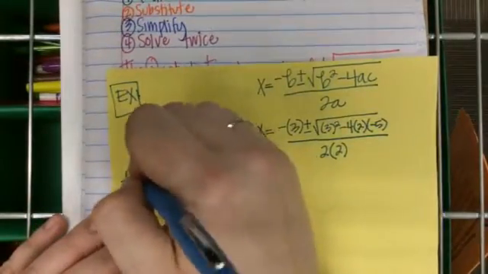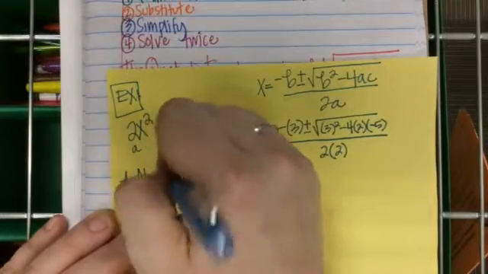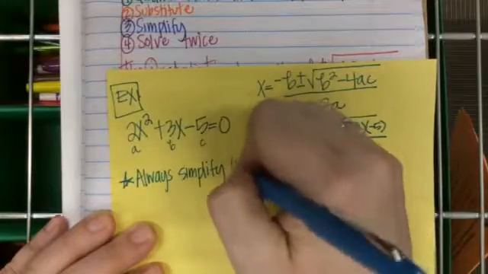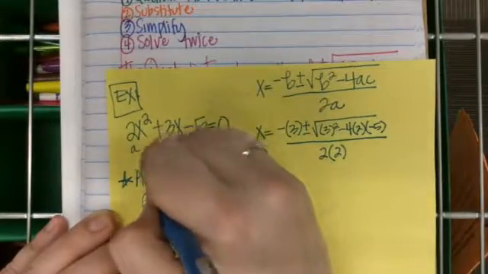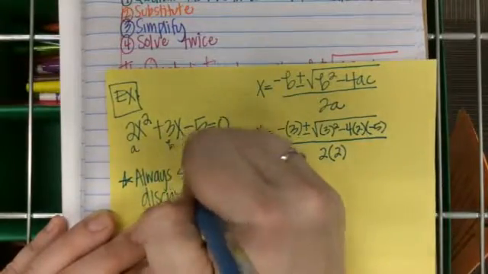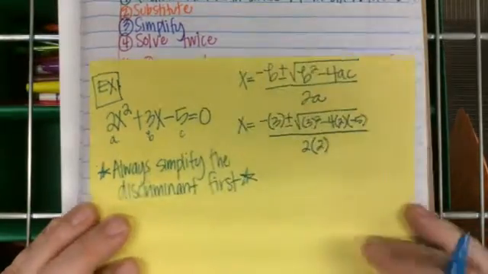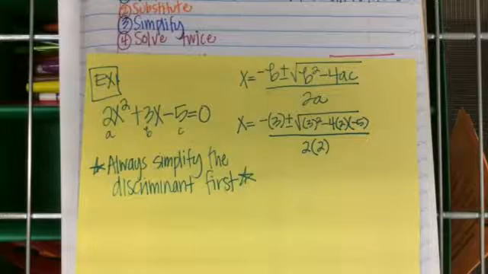No. So I would always simplify the discriminant first. Because again, if you simplify that discriminant and you get a negative value, you should stop. There's no solution.